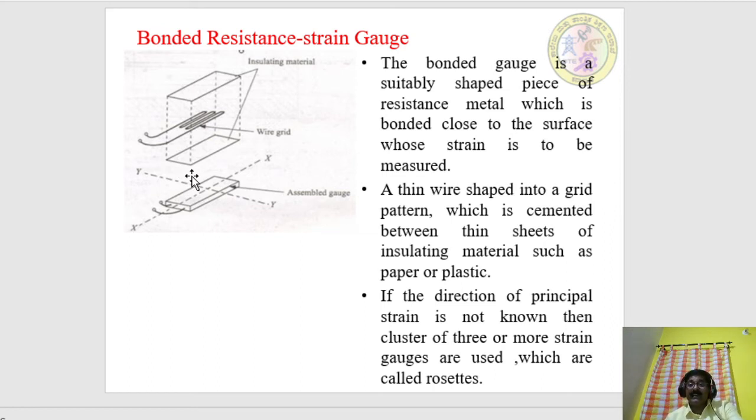Then a cluster of three or more strain gauges is used, which we call rosettes. If we want to get the direction of principal strains, then we need to set up a set of strain gauges, and those strain gauges we call rosettes.